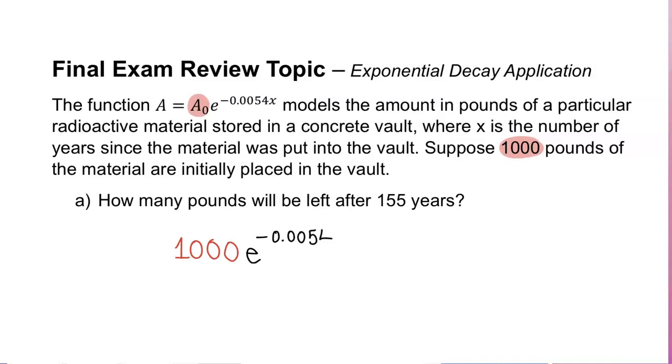But remember they said x stands for the number of years since the material was put into the vault, right? Now, what was that number for part A? 155 years. So you are going to put 155 as a number we're multiplying by that decimal rate.